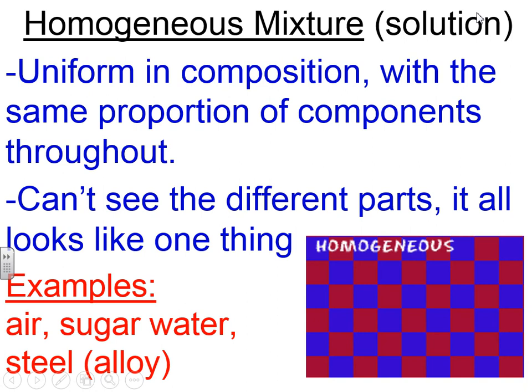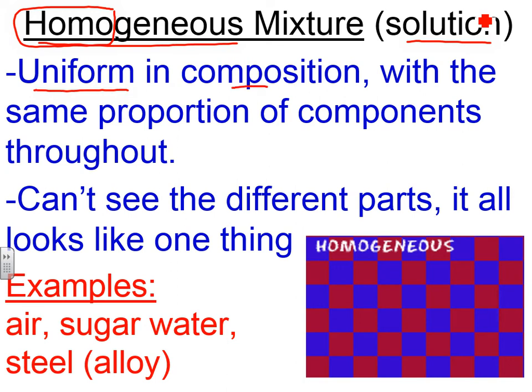Now the mixtures could be homogeneous. This word homogeneous has the prefix homo, which in this case means same. And these are also called solutions. A homogeneous mixture is uniform. Uniform means another word for the same, in composition with the same proportion of components throughout.